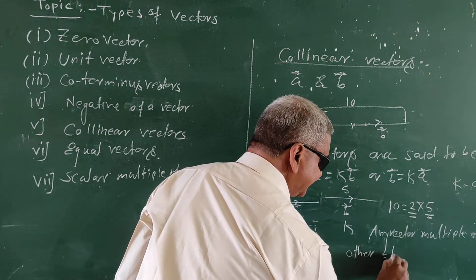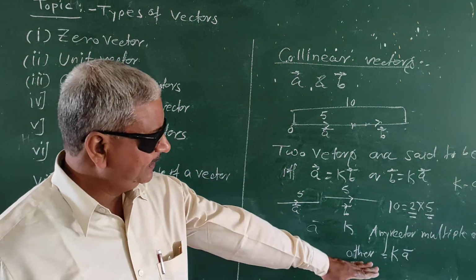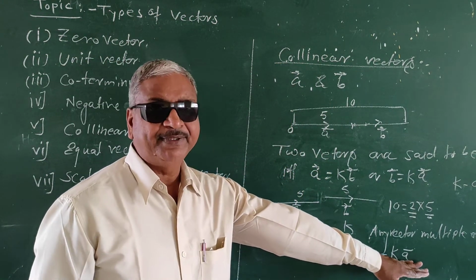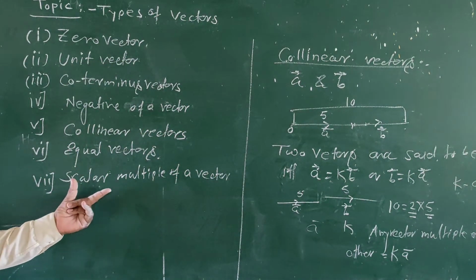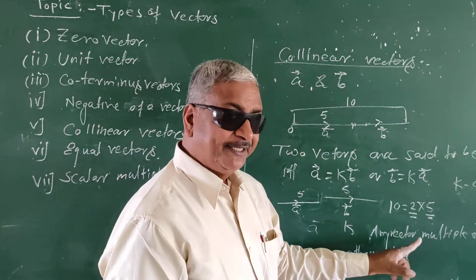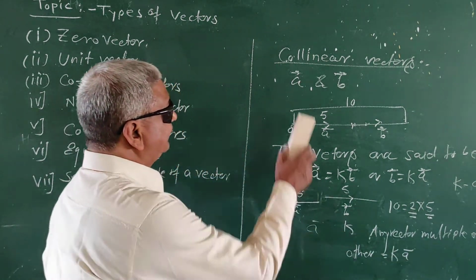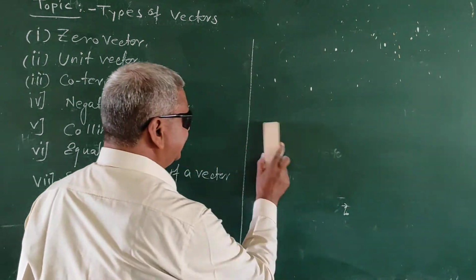That is k times a bar. This is called the multiple of a bar, and k is the scalar. Therefore, it is a scalar multiple of a vector. In this way, we can write the definitions of all these vectors.